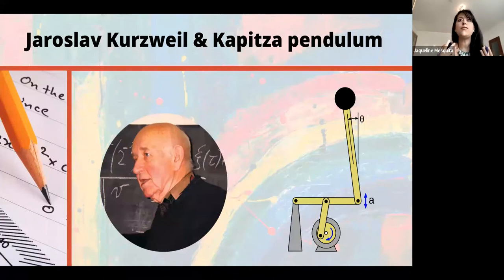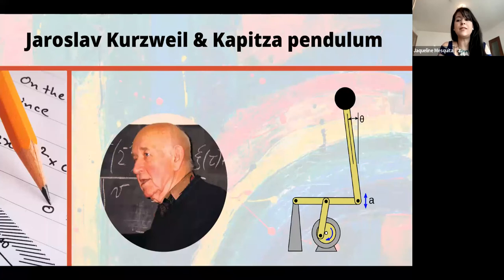And in order to investigate this type of problem, Jaroslav Kurzweil needed to deal with highly oscillating functions. And for that, he needed to introduce a more general integral, more general than the Lebesgue integral, because he needed to integrate these highly oscillating functions.